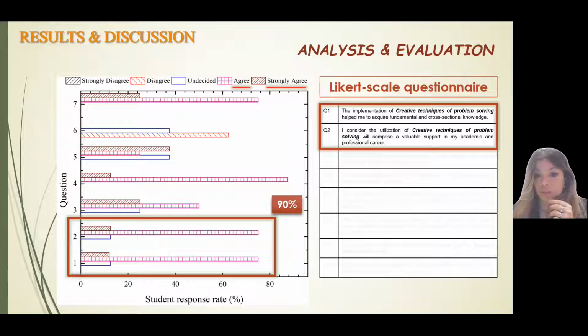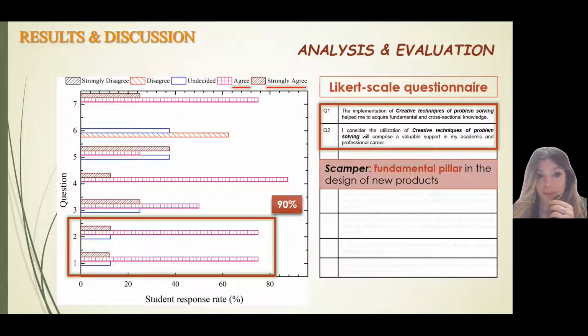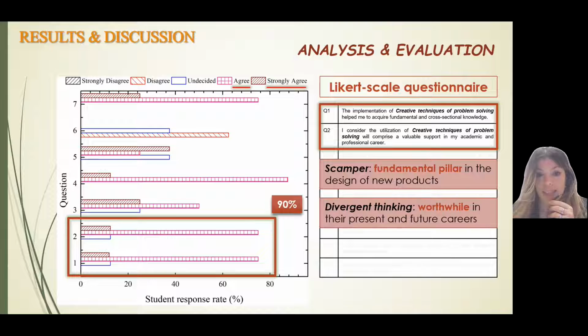According to the survey results, almost 90% of the attendees consider Scamper techniques as a fundamental pillar in the production design process, and the divergent thinking approach to be highly valuable for their present and future careers.